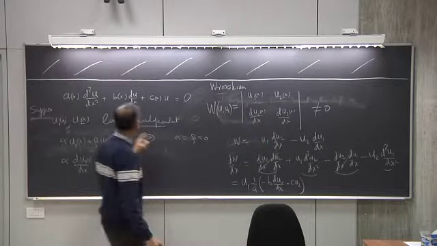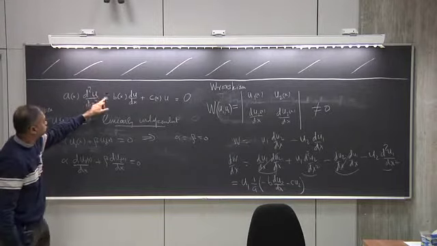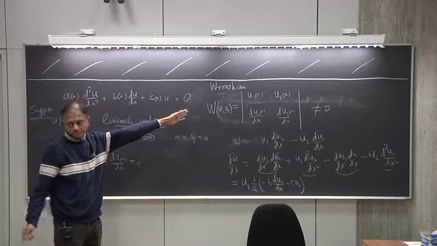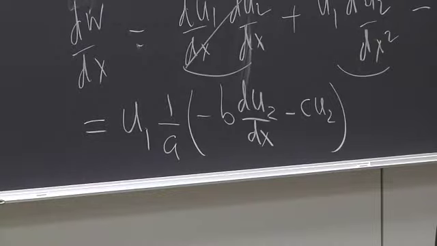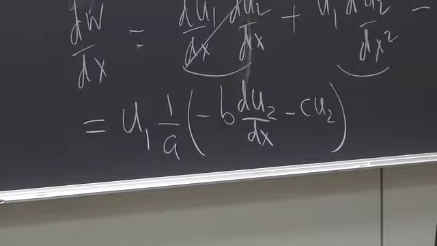I just use the fact that u1 and u2 are solutions of this equation. So if I plug u2 here, then that is 0 by definition because it's a solution. And then I just substitute this d2u2 by dx2 from this equation.